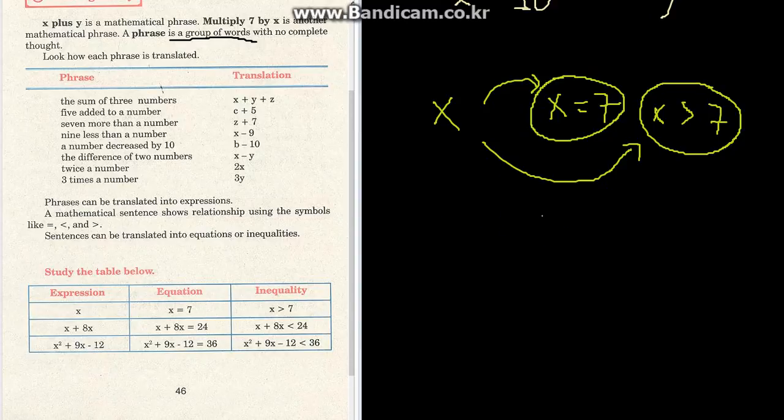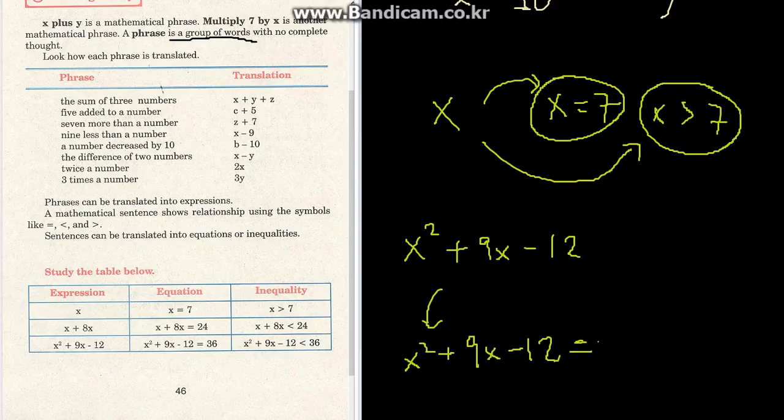So let's look at another example. x squared plus 9 times x minus 12. Well, this is an expression, right? And this can be translated into an equation. For example, x squared plus 9x minus 12 is equal to 36. That means this one right here is an equation.